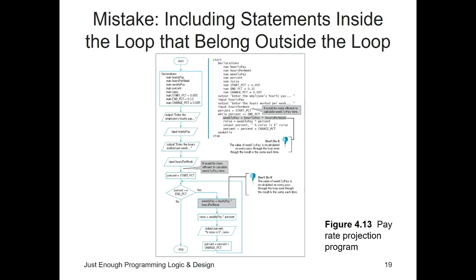Is percent less than or equal to ending percent? So we go back up. Ending percent is 0.1. Is 0.005 less than 0.1? Yup. So we're going to run through this loop. And that loop says weekly pay equals hourly pay times hours per week.